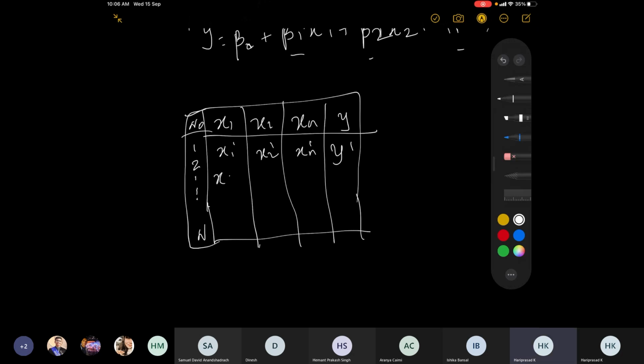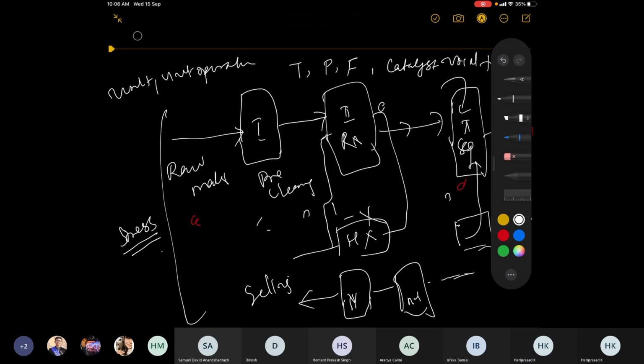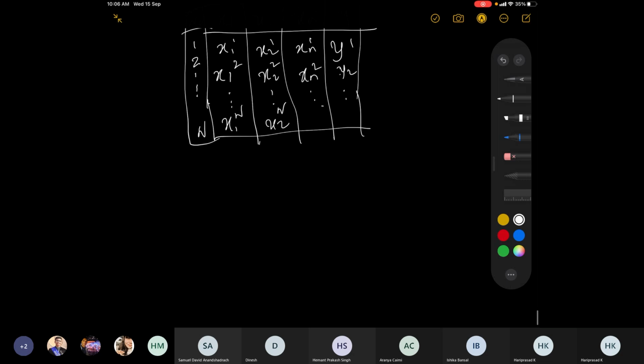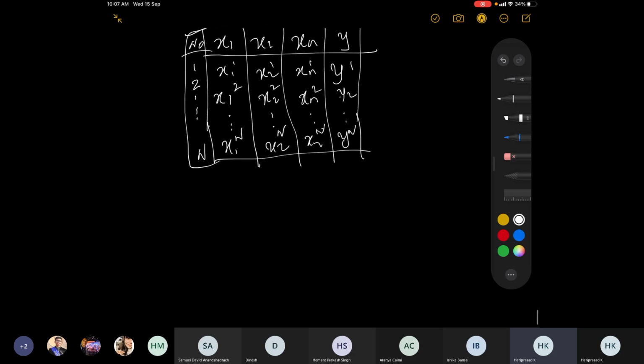And again x12, x22, xn2, y2, all the way around to x1n, x2n, xnn and yn.